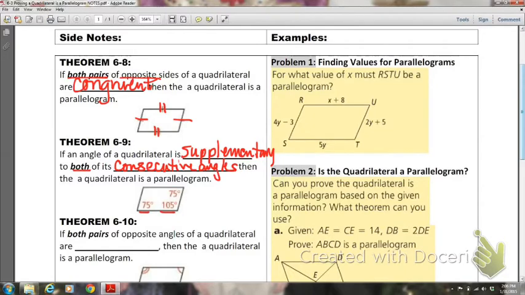They have to add to 180. And the other pair of consecutive angles are also 75 and 105, which add to 180 and are supplementary. So you have both of its consecutive angles. Both of the angles that are consecutive to the 105 are 75. And so that one is a parallelogram.